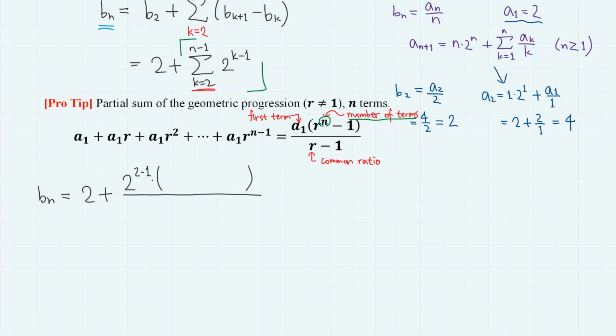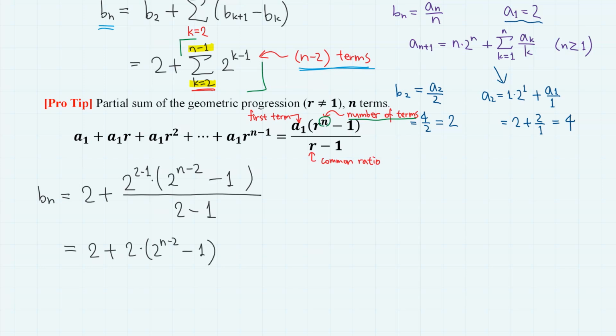This times the common ratio 2, and since k changes from 2 to n minus 1, we only have n minus 2 terms in the summation, so we have the power of n minus 2. So 2 to the power of n minus 2 minus 1 divided by 2 minus 1. So we have 2 plus 2 times (2 to the power of n minus 2 minus 1), which simplifies to 2 to the power of n minus 1.